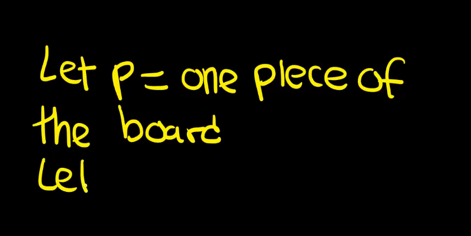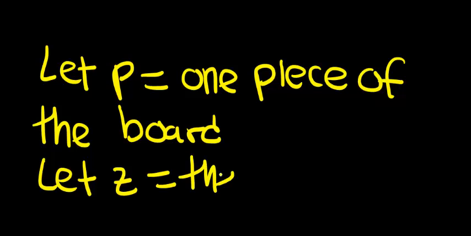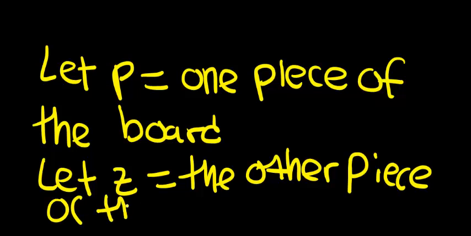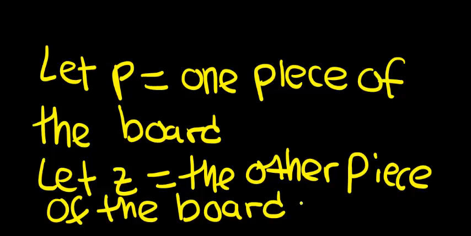And then we said we're going to let Z equal the other piece of the board. This step is very important. We need to go ahead and define the variables for our reader. You can choose any letters you want.